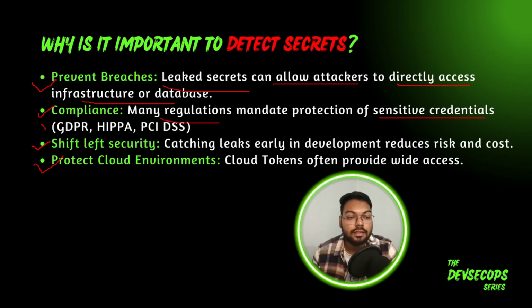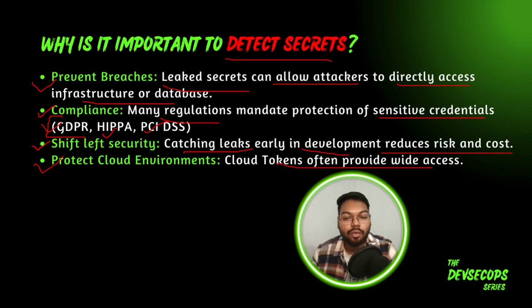That's why you can see GDPR, HIPAA, and PCI DSS, which we are going to study in our further videos later in the compliance section. We will learn how these compliances enforce you to enable secret detection. Then shift left security is like catching leaks early in development, which reduces risks and cost. So it is a no-brainer, so to say.